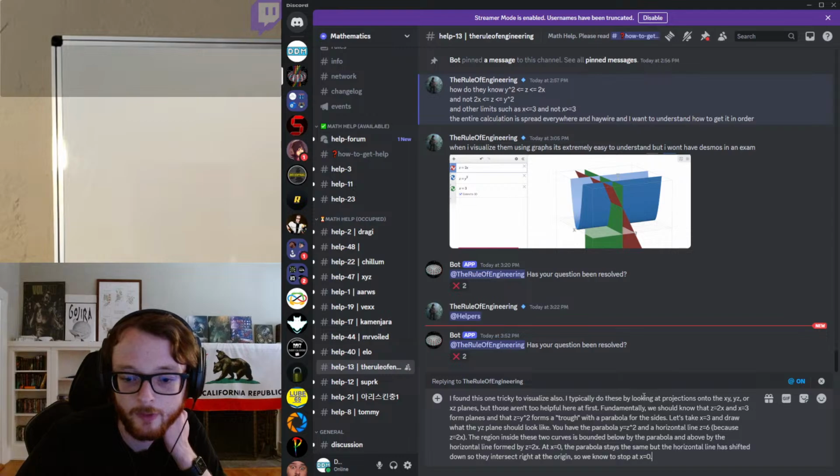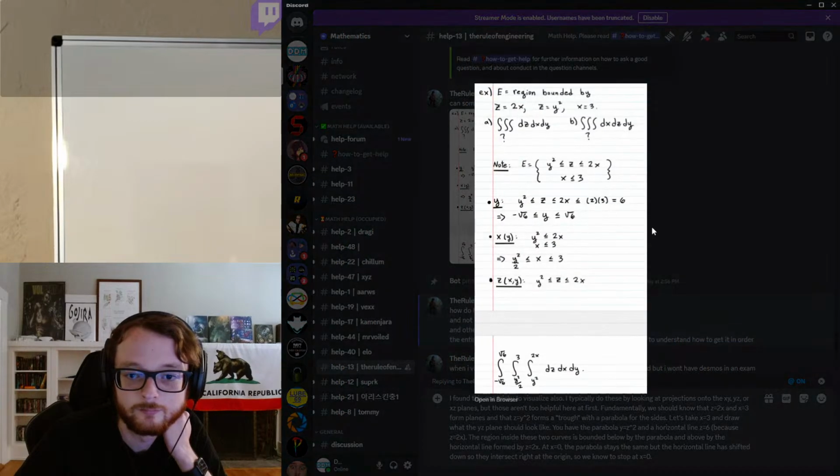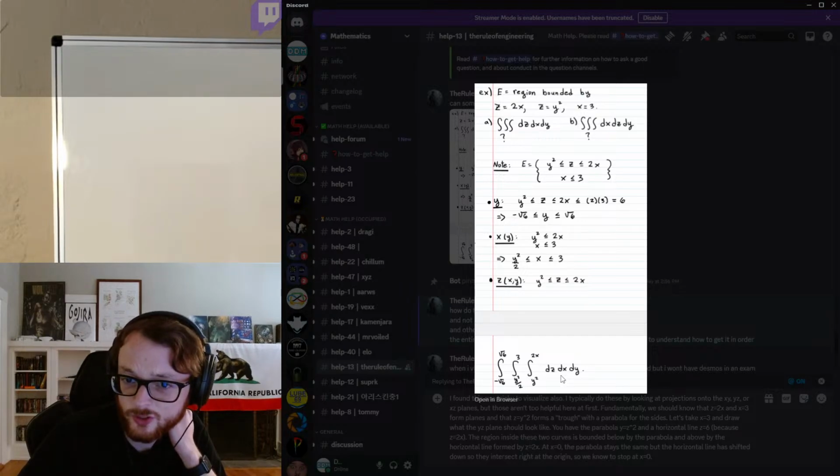Z goes from y squared to 2x, yes. Now this solution does x next, which seems weird.